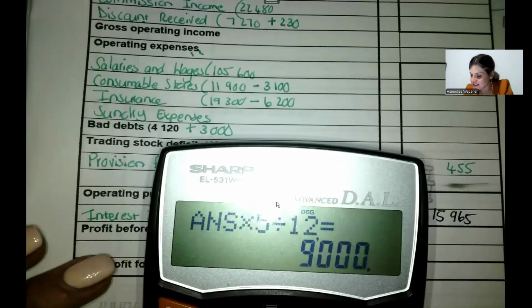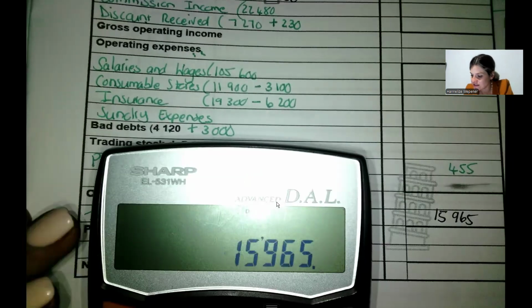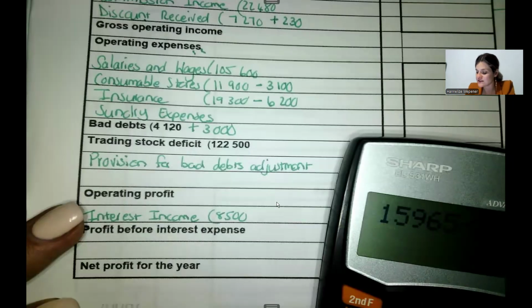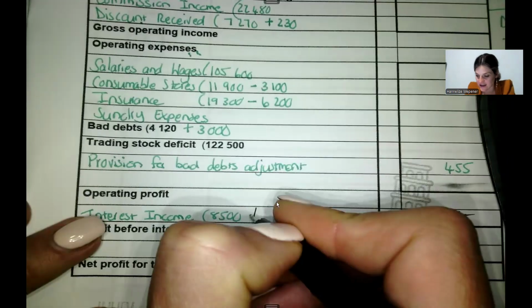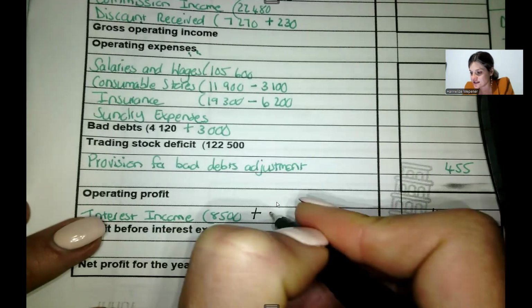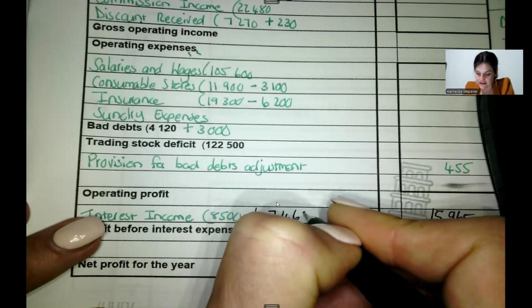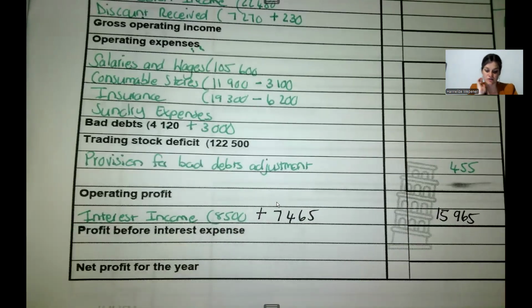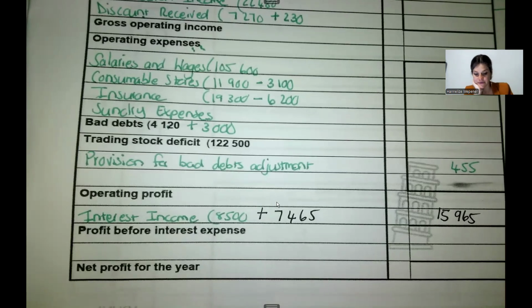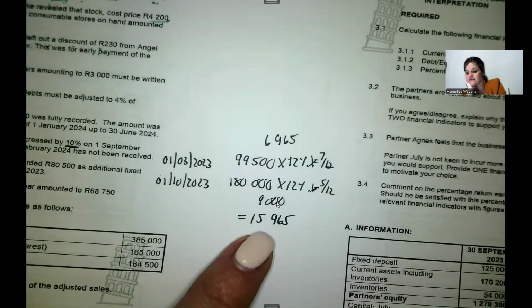The accrued amount is that total minus what we've already received. So we have to still account for, add on, 7,465 that we didn't show in our books up to date. Okay, so you want to show the total that you should have received.